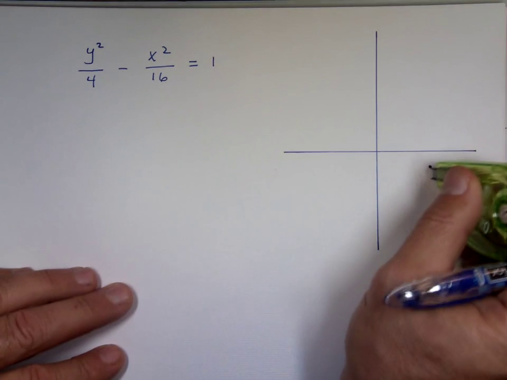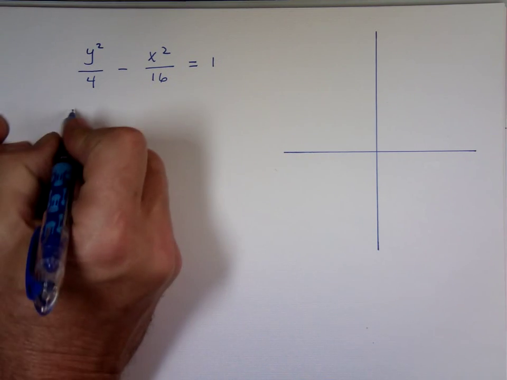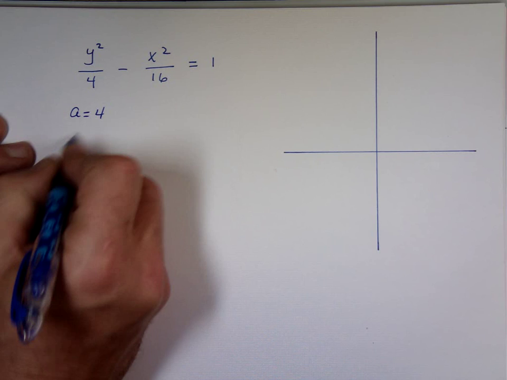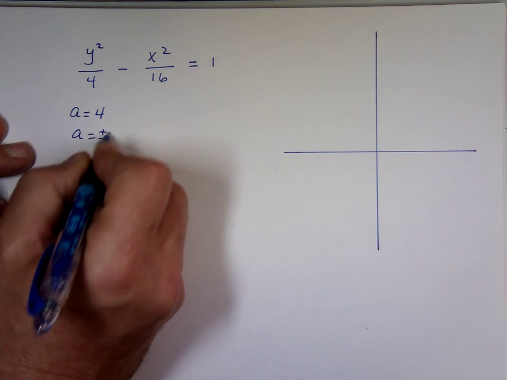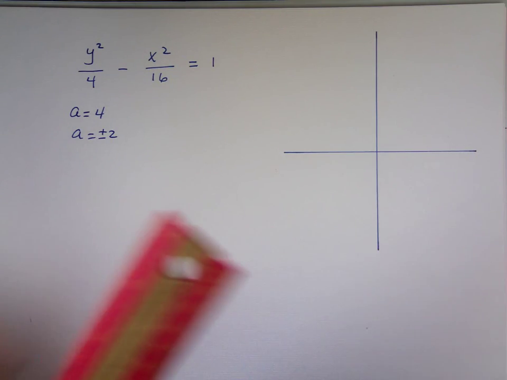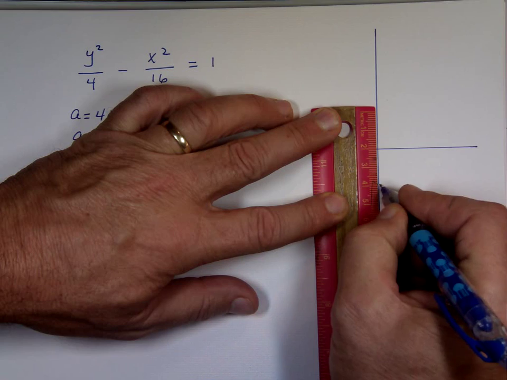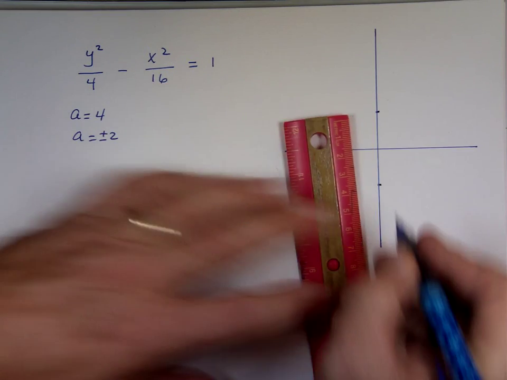The y-axis. A squared is what? 4. A equals plus or minus 2. So that's 2 units up, 2 units down. That's where your vertex is. 2 and negative 2. That's where my vertex is.